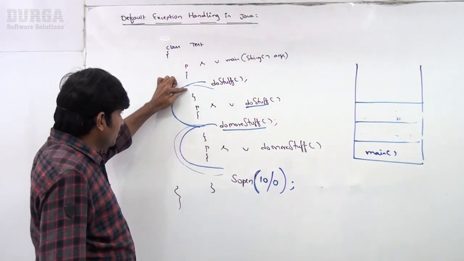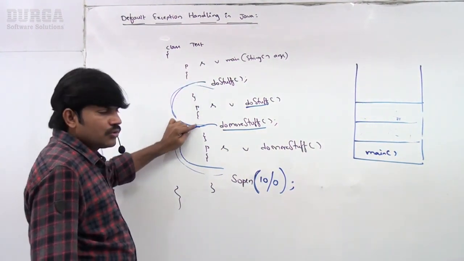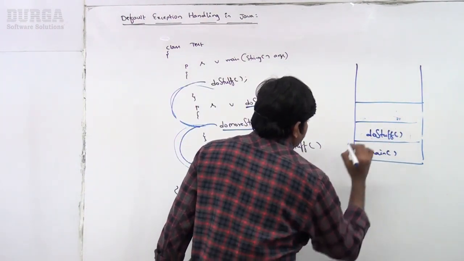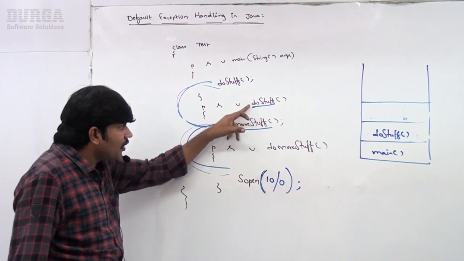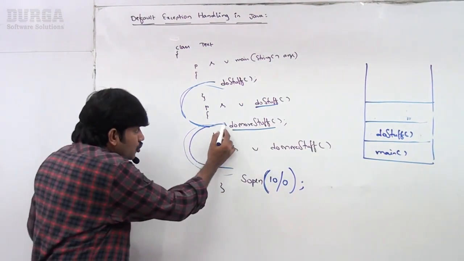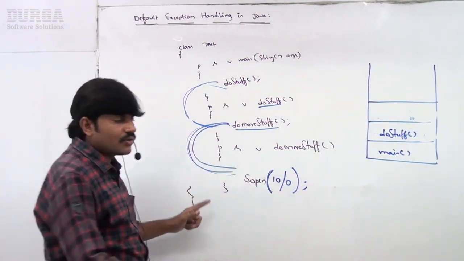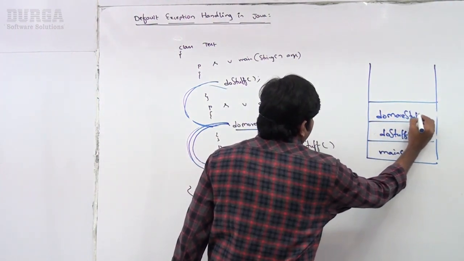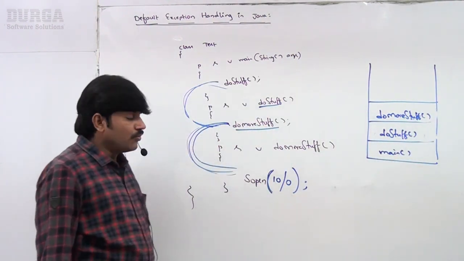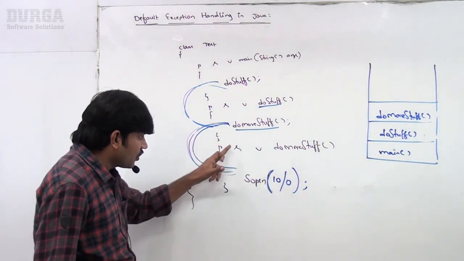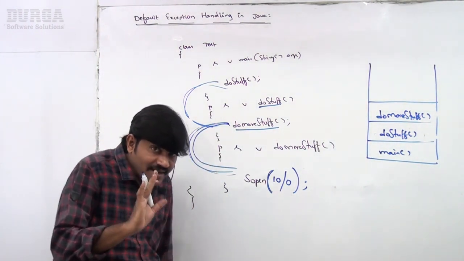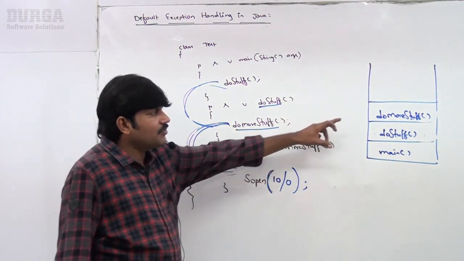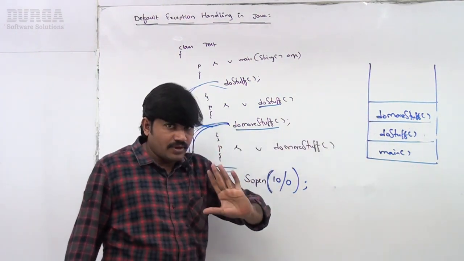The main method calls doStuff, and the control comes to doStuff. Then doStuff calls doMoreStuff, one entry added. Now the control comes to doMoreStuff. Currently the control is inside which method? doMoreStuff. The top of the stack is doMoreStuff only.